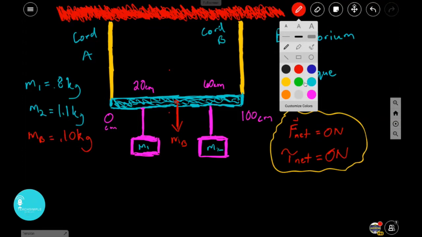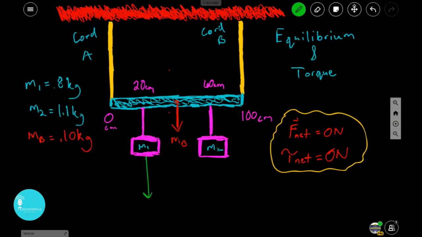If we continue doing our free body diagram, we have the weight of mass 1, and the weight of the bar is also pointing down, and then you have the weight of mass 2.